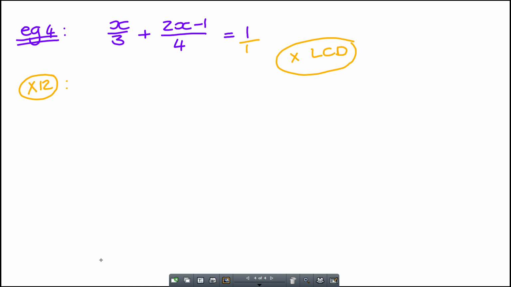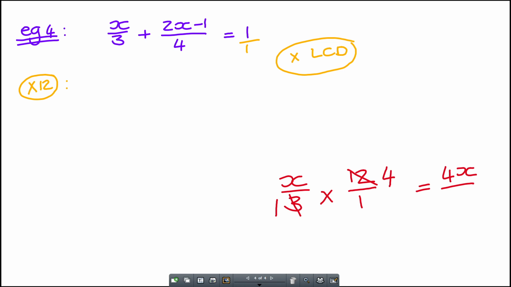If I multiply that with 12, I'm going to show you 2 different methods. Can you see that 3 will go in once and 3 will go in 4 times? So x times 4 will give me 4x, and at the bottom 1 times 1 will give me 1. So how much is left there? Just 4x.